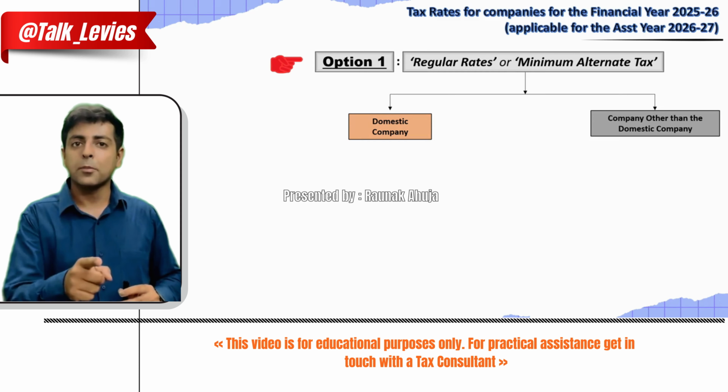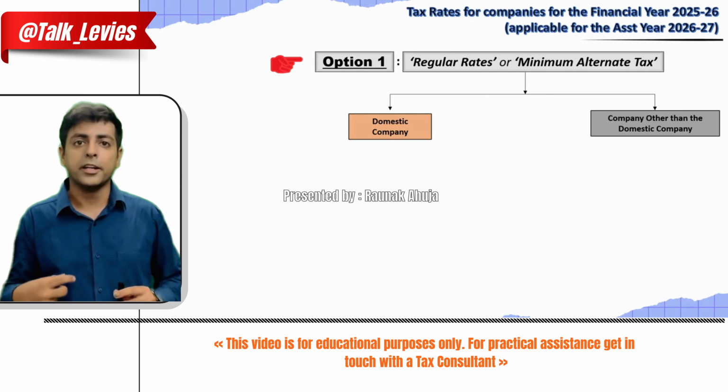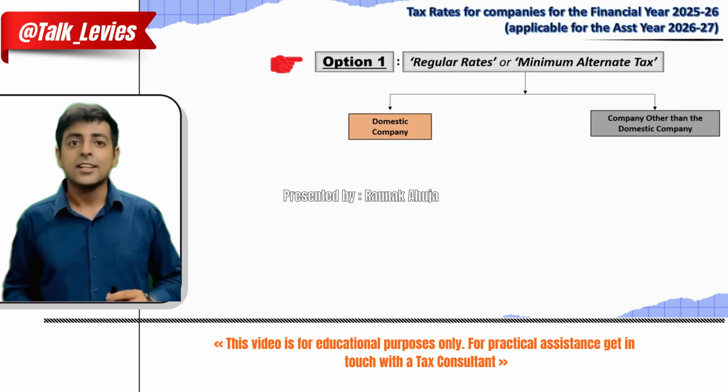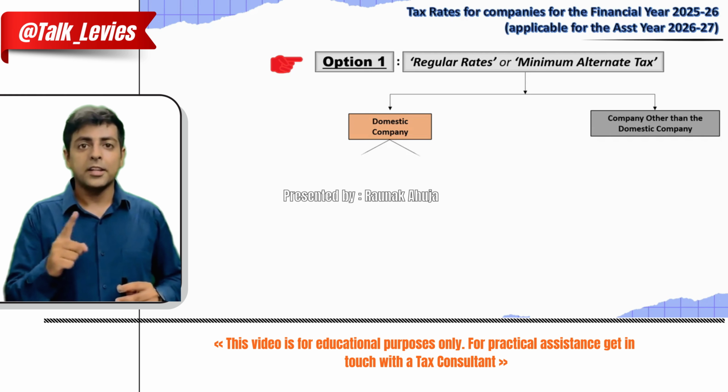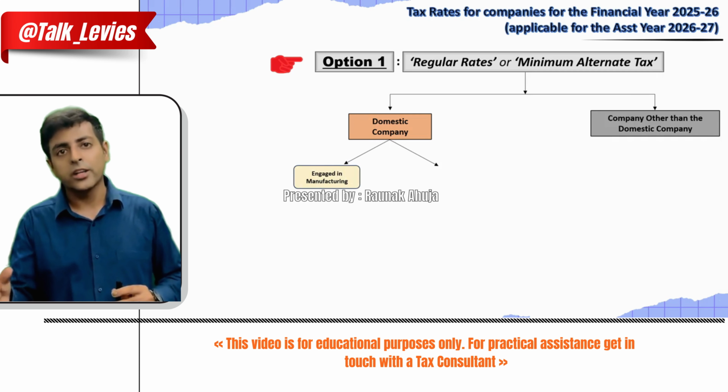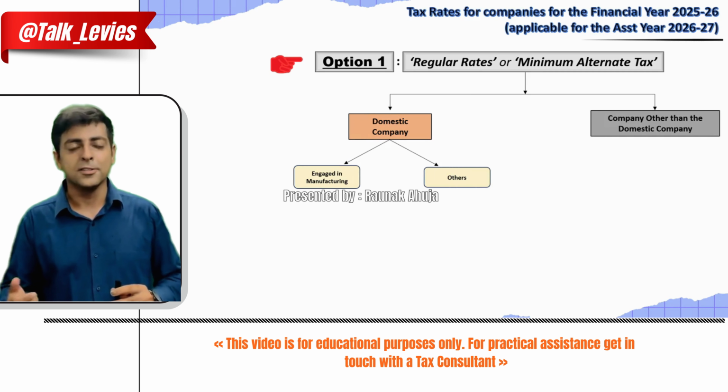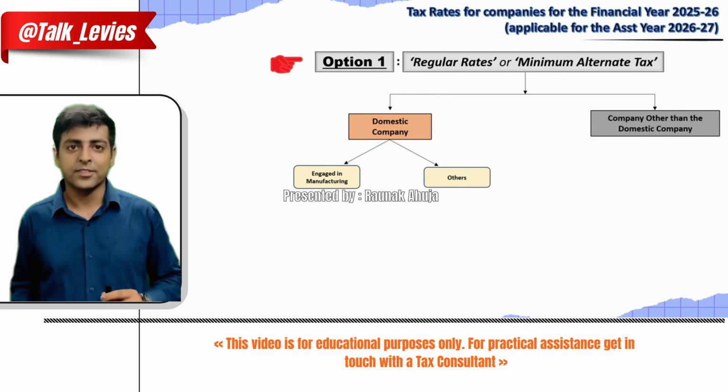Now, under the domestic companies, let's further classify them into two categories. The first one being companies engaged in manufacturing and the other one is companies not engaged in manufacturing, that is, others. So let's talk about companies engaged in manufacturing.